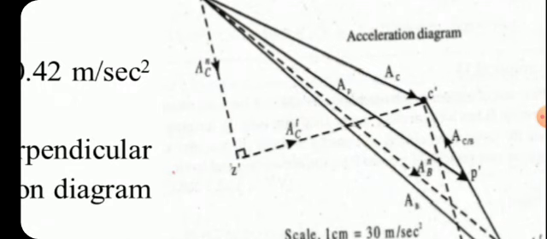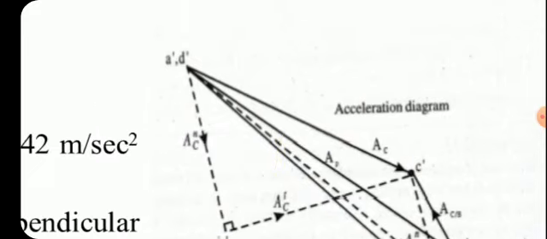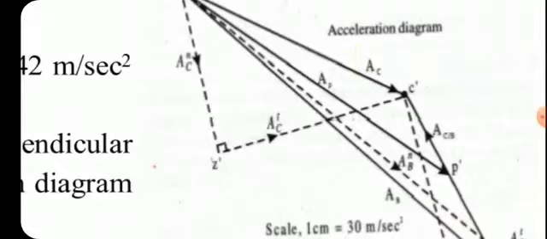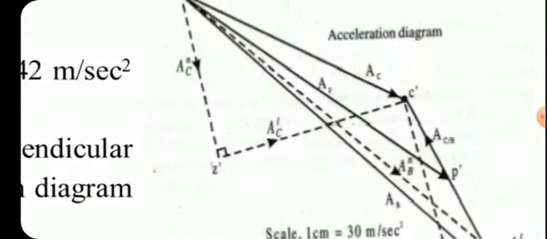Now from the A you draw a line AC dash. That will give the acceleration of the point C. And similarly from this you draw one more line B dash C dash. This will give you the acceleration of the component BC also.